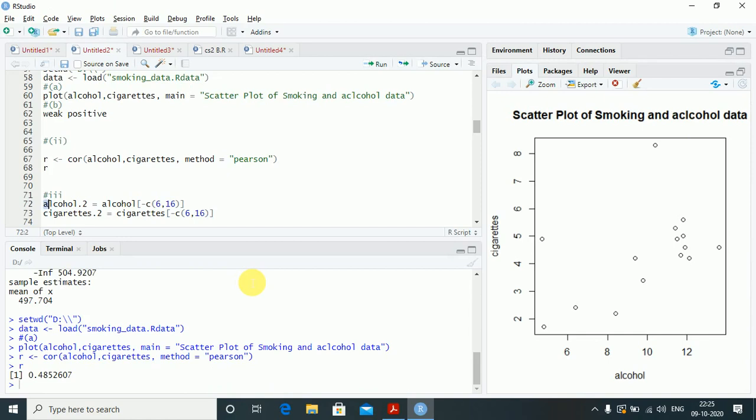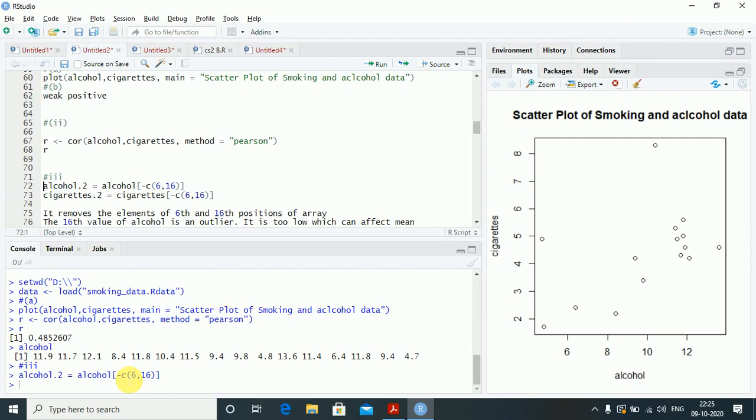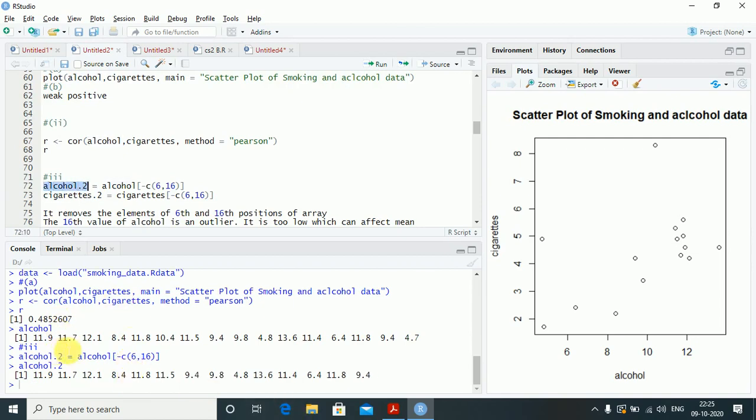I'll just show you what alcohol holds. Alcohol has these values, and after removing these, alcohol.2 is this. The value removed here is 10.4, and the last value is 4.7. Now we compare it with all the values.